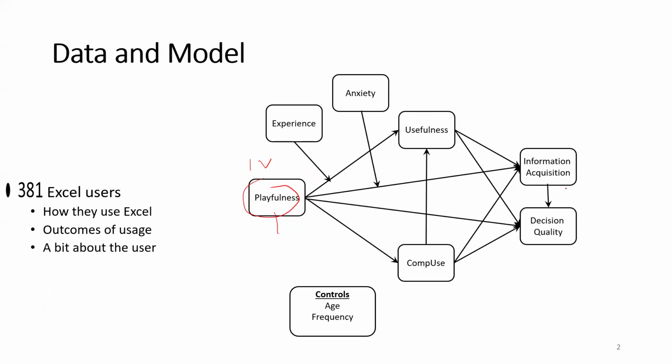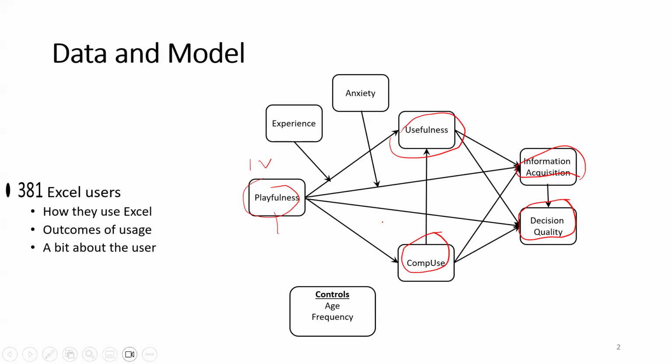So in this model, what do we have? This is one of the dependent variables. Basically, this is our final dependent variable, so say two dependent variables. Then we have two mediators here.